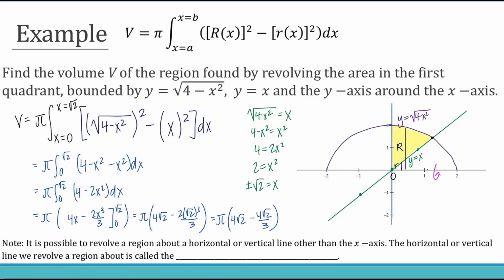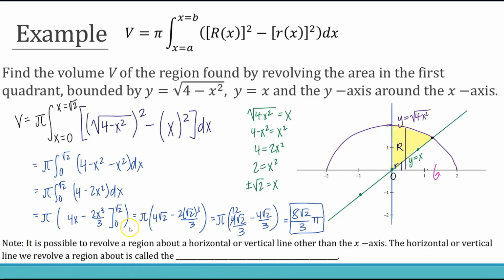If I make common denominators, multiply the bottom by 3, that would make this a 12. So we're looking at 12 rad 2 minus 4 rad 2 over 3, that's 8 rad 2 over 3. So 8 rad 2 over 3 pi is my volume.